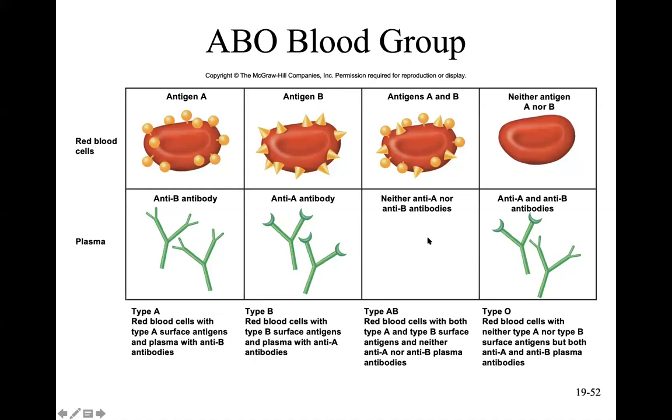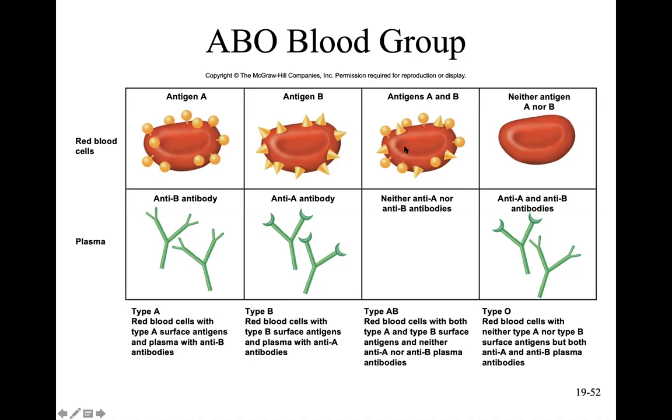Now, type AB people, they're what we call the universal acceptors. Meaning what? Right? They can accept blood from type O because everybody can. But they can also accept blood from type A. Why? Because they have type A as well in their red blood cells.